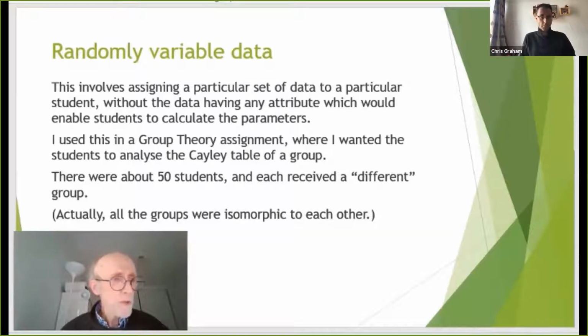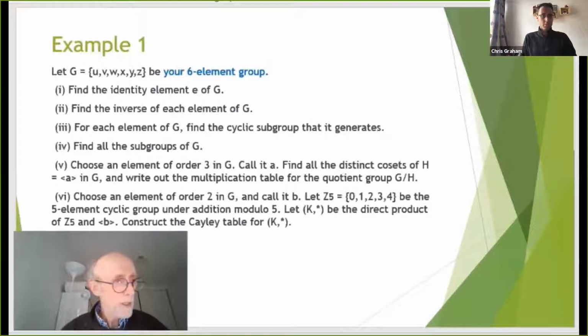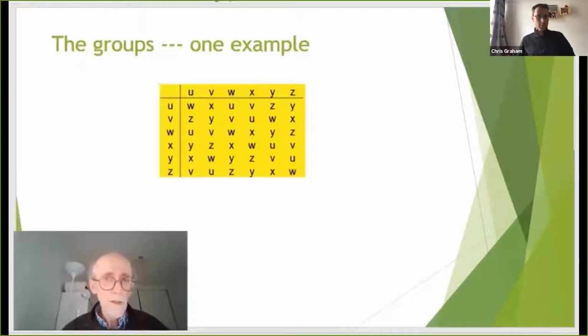I used this in a group theory assignment where each student was given a different Cayley table. The students were required to identify the identity element, find the inverses of some elements, and so on. Each student received a 6-element Cayley table, which, unbeknownst to the students, were actually all isomorphic to each other.